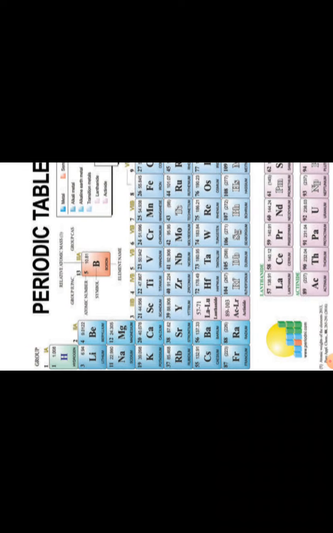Due to the increase in the valence shell, the distance between the valence shell and the nucleus increases. So along the group from top to bottom, the atomic radius increases.